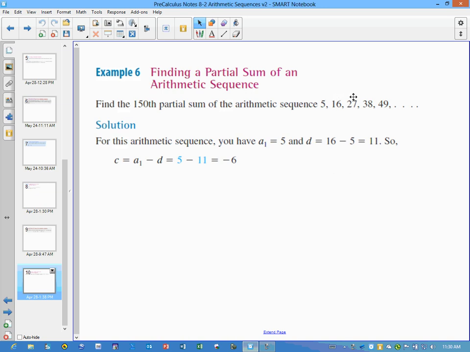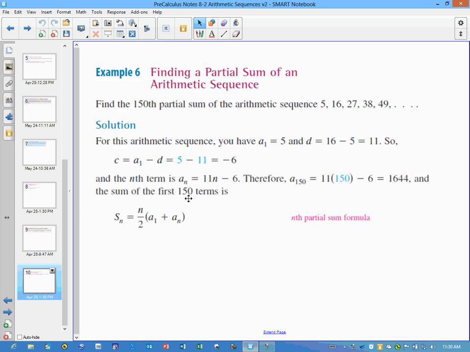To go from 16 to 27, we add 11. So our common difference is 11. So C is simply going to be a1 minus d, which is 5 minus 11, which is negative 6. And then, to find the nth term, we're going to use the dn minus c approach. So it's 11 times n minus c, I would say plus c, and that's plus a negative 6. So this gives us a formula for the nth term, which is our general term here.